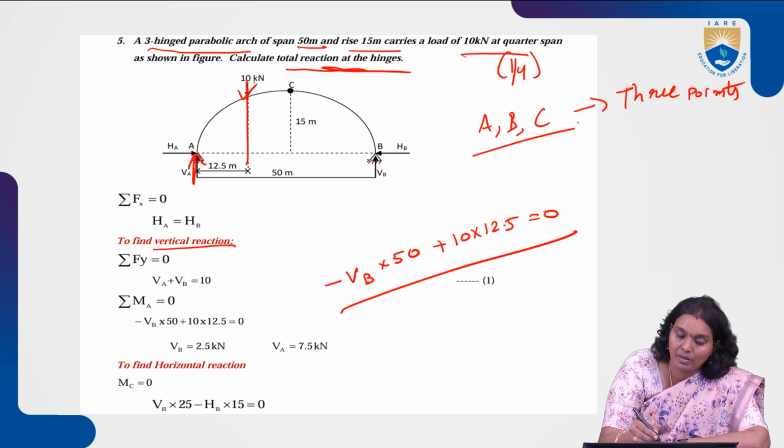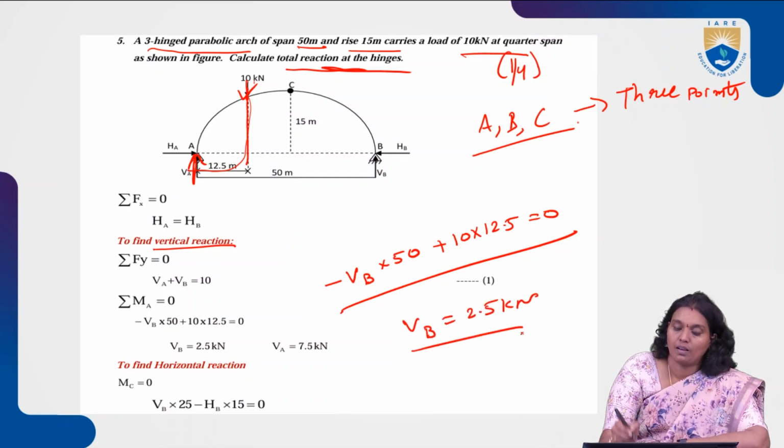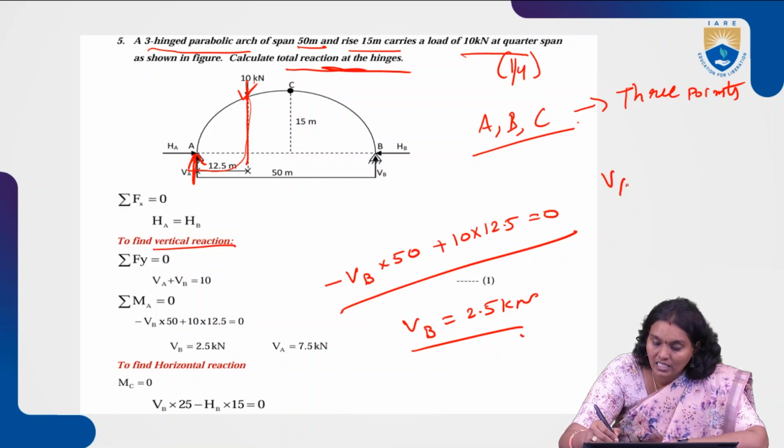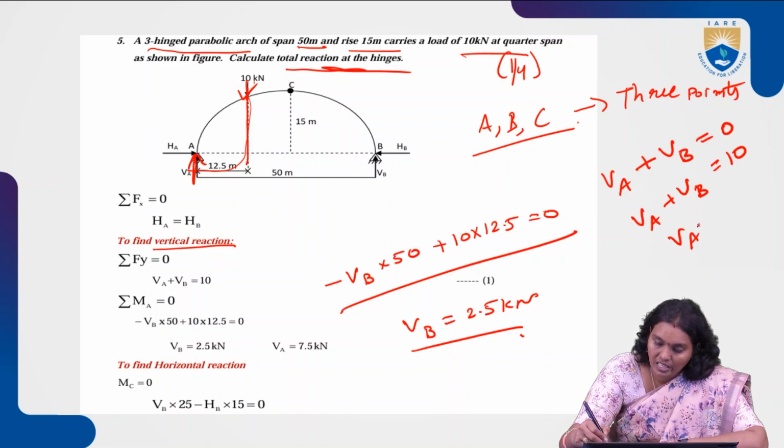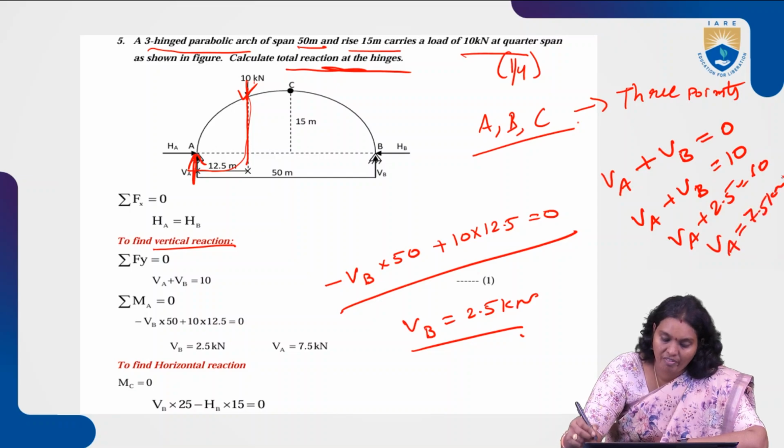That's why minus VB into 50 plus 10 into 12.5 gives the vertical reaction at B. Now for the total vertical reaction, VA plus VB is equal to 10. VB is known, so VA plus 2.5 is equal to 10. Therefore the vertical reaction at A is equal to 7.5 kilonewton.